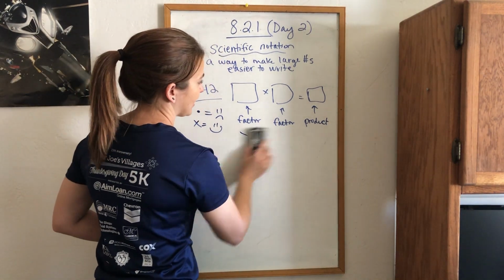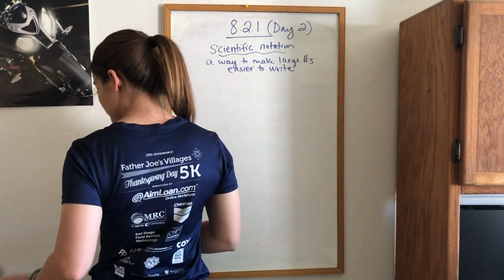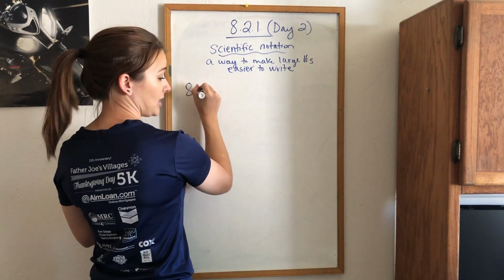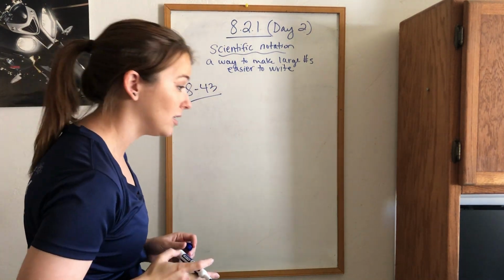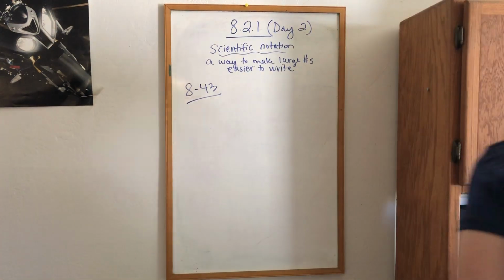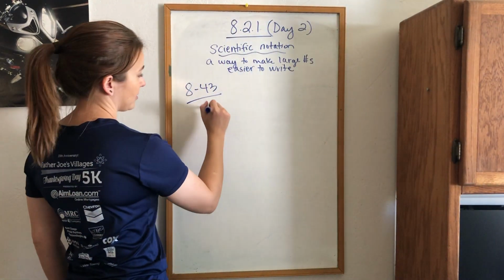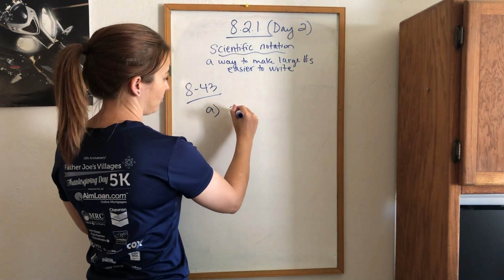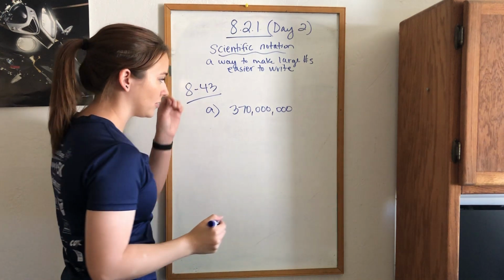Okay, so a little bit more practice. Write each number below in scientific notation. Now it gives us the big numbers, and we've got to write them out in scientific notation.